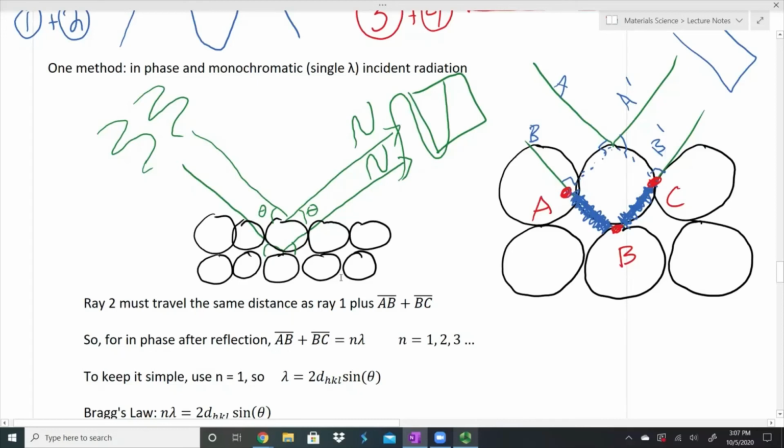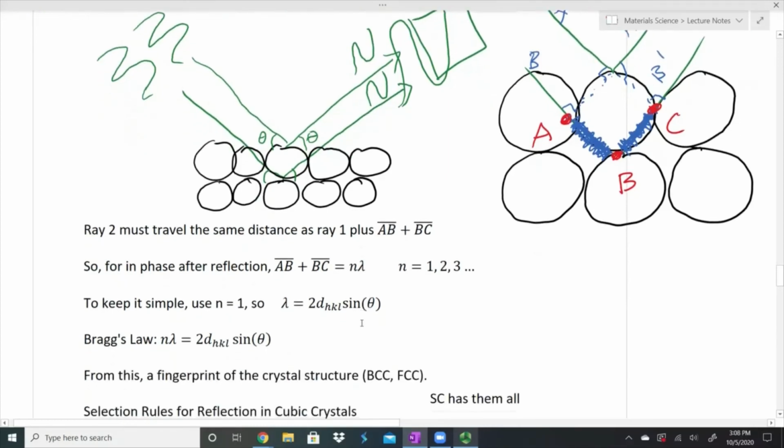So if this is going to be in phase after the reflection, AB plus BC has to be some wavelength times some integer for that to stay in sync. If we wanted to keep things simple, we could use n equals 1. When we do that, we could simplify things a bit here. But we don't know if n is going to equal 1.